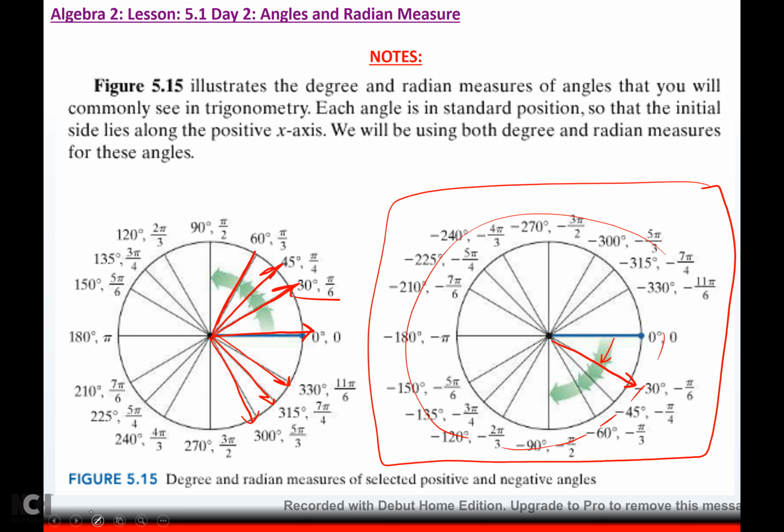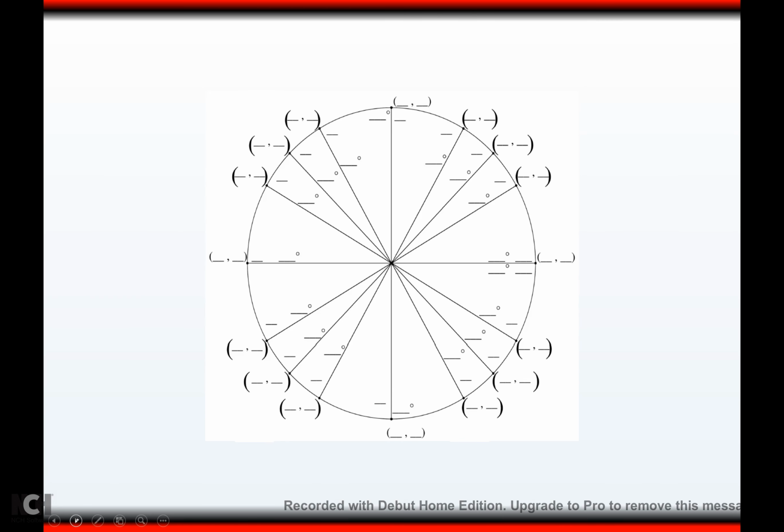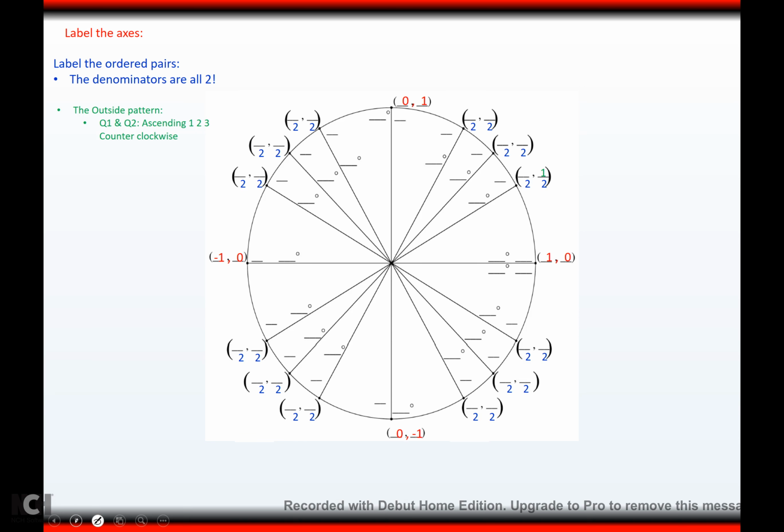Okay? Alright. So again, with our unit circle, we've got our axes. All our denominators are 2's. We've got the outside numbers going 1, 2, 3, 1, 2, 3. The bottom numbers going 3, 2, 1, 3, 2, 1.